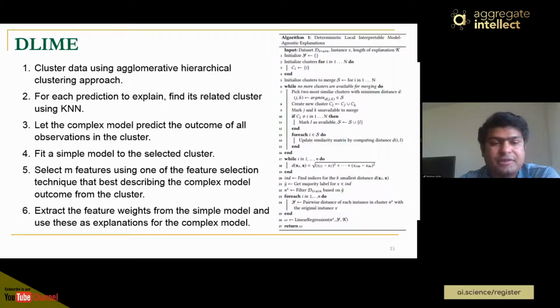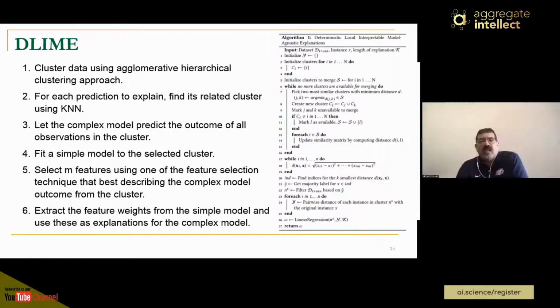Fit a linear or simple model to the selected cluster, then select features from M features using one of the feature selection techniques that best describes the complex model outcome from the cluster. Then extract the weights of those features and display them to the users. So these are the explanations.